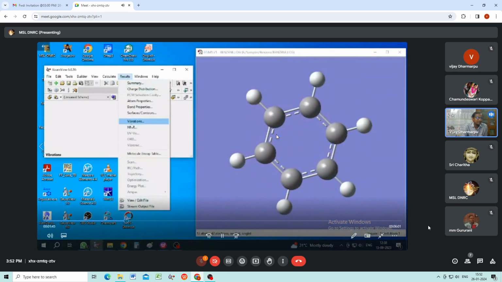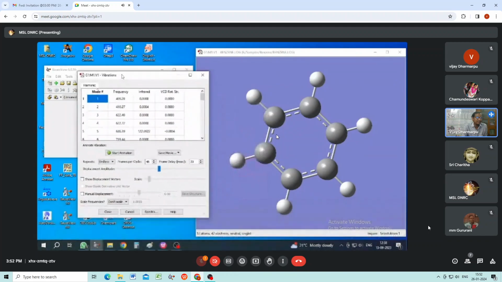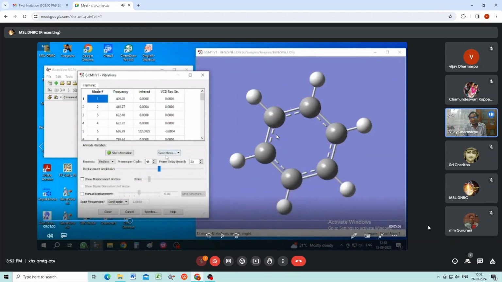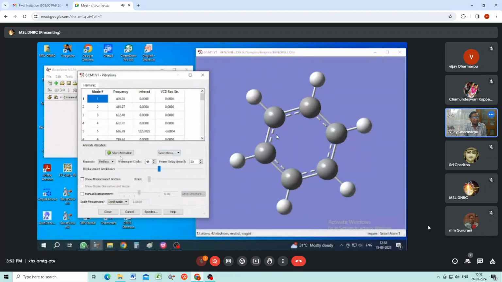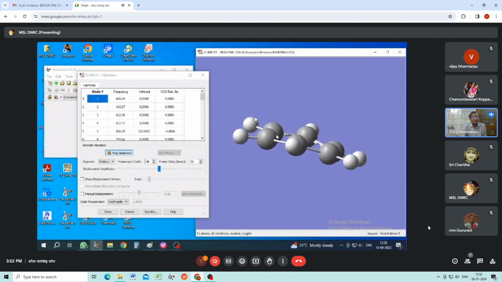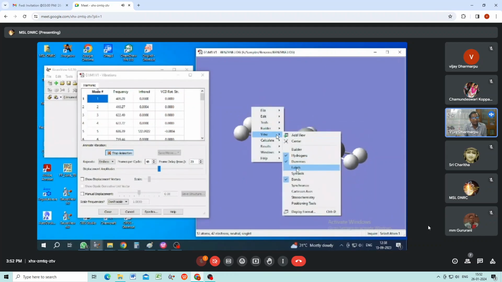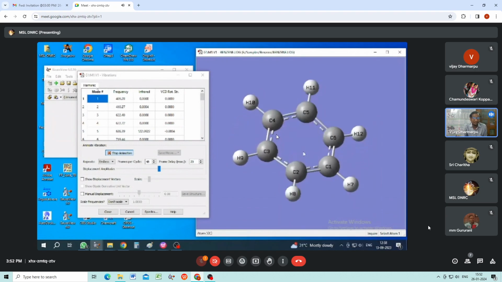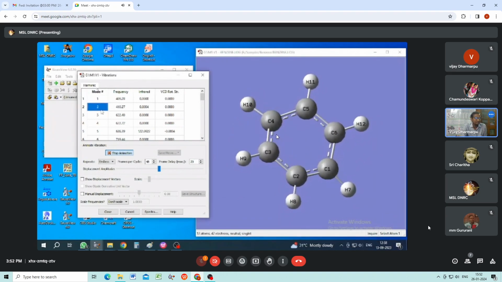See the result for vibrations. We all studied molecular vibrations, but in these computational studies, by using the computer, we can see and feel the vibrations. In benzene, how many vibrations do you have? By the 3N minus 6 formula, 30 vibrations are there.